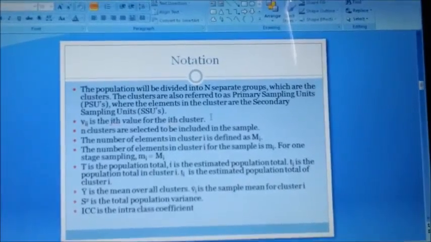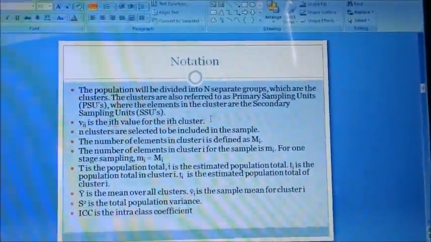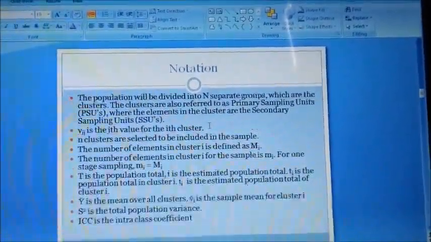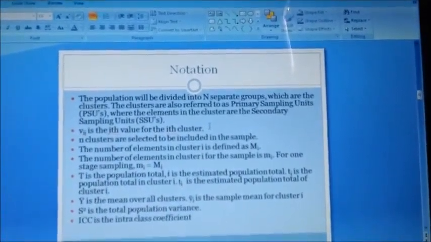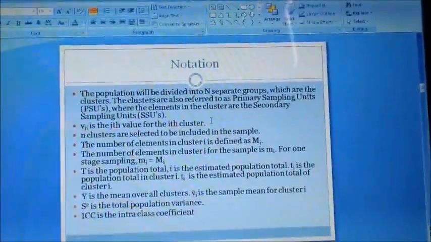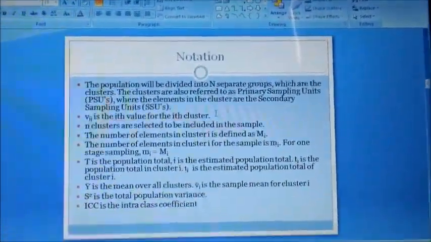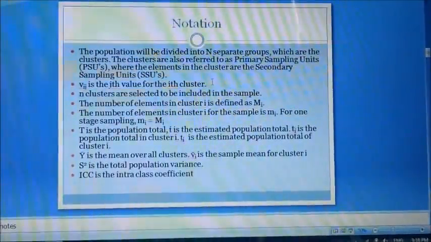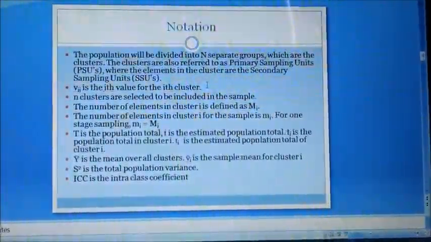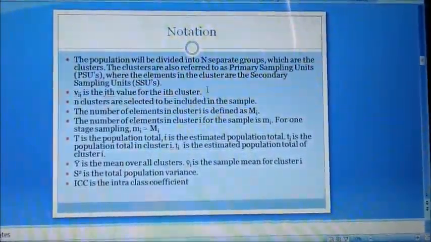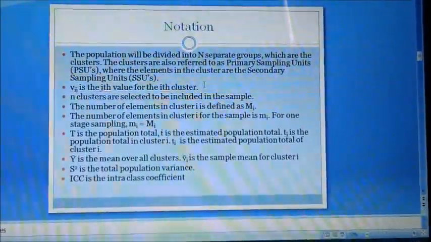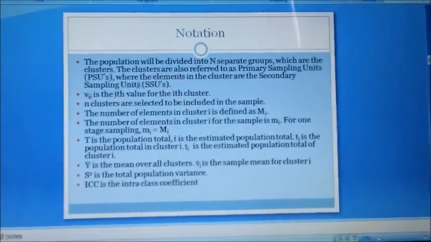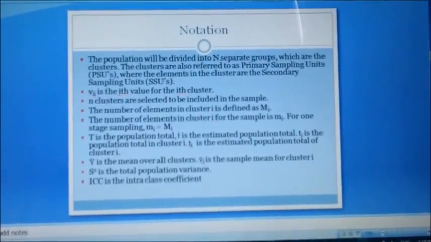T is the population total, where lowercase t dot is the estimated population total. Ti is the population total for cluster i, and Ti bar is the estimated population total of cluster i. Y bar is the mean over all clusters, whereas lowercase y bar i is the sample mean for cluster i. S squared is the total population variance, and the ICC is the intra-class coefficient.